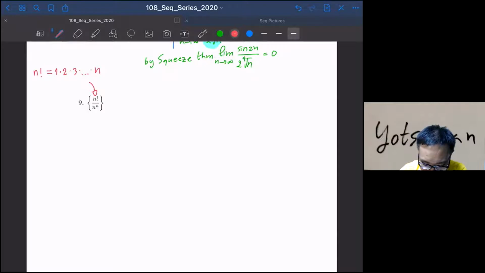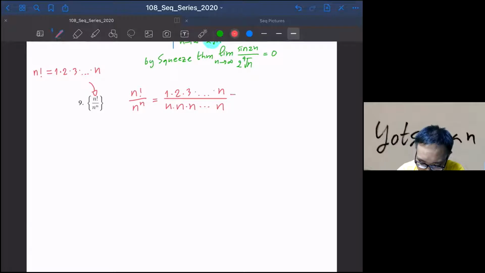And you're going to have n factorial over n to the n. So it's going to be 1 times 2 times 3 up until n, over n times n times n times n.